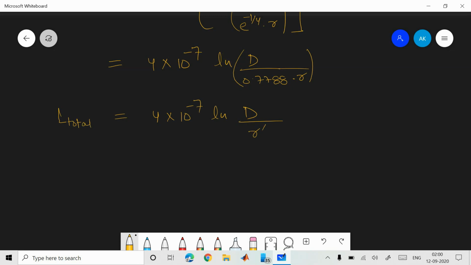L total means for both the conductors, and it is in Henry per meter, where your r dash is 0.7788 r.